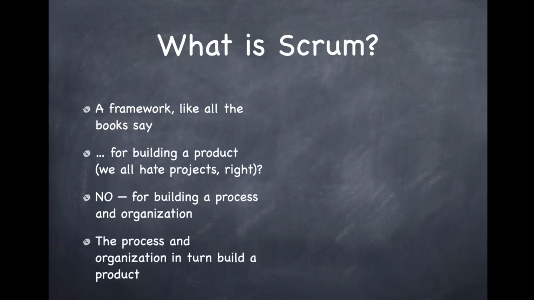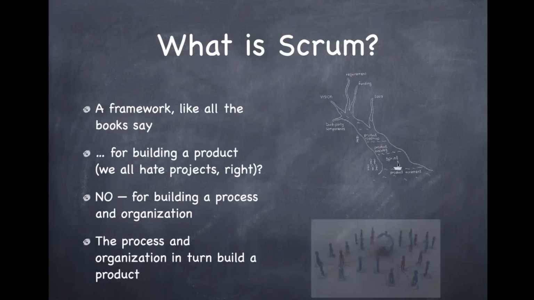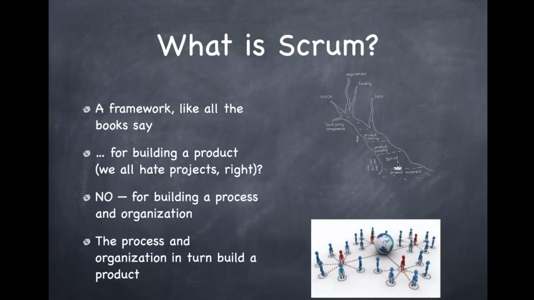So we have a process, which is this value stream that starts with requirements and funding and a vision. And these things flow down the value stream into a product increment with team members along the edges. And then we have an organizational structure that talks about how people relate to each other. Well, people relate to each other in a development team as one mind.